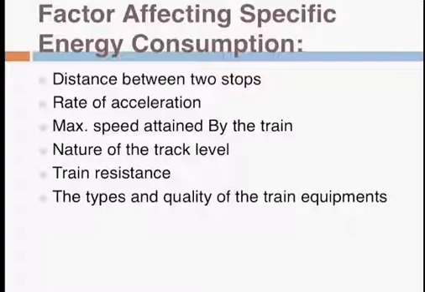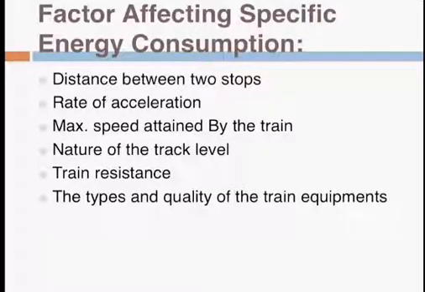So factors which affect specific energy consumption are firstly distance between two stops. બે સ્ટોપ વચ્ચેનું distance. પછી એક્સિલરેશનનો રેટ. પછી ટ્રેન જેટલી મહત્તમ ગતિ એટલે કે મેક્સિમમ સ્પીડ અટેન કરી શકે છે એ. પછી ટ્રેકનું જે લેવલ છે એનો નેચર, ટ્રેનનું જે રેઝિસ્ટન્સ છે અને છેલ્લે ટ્રેન ઇક્વિપમેન્ટના પ્રકારો અને એની ગુણવત્તા.